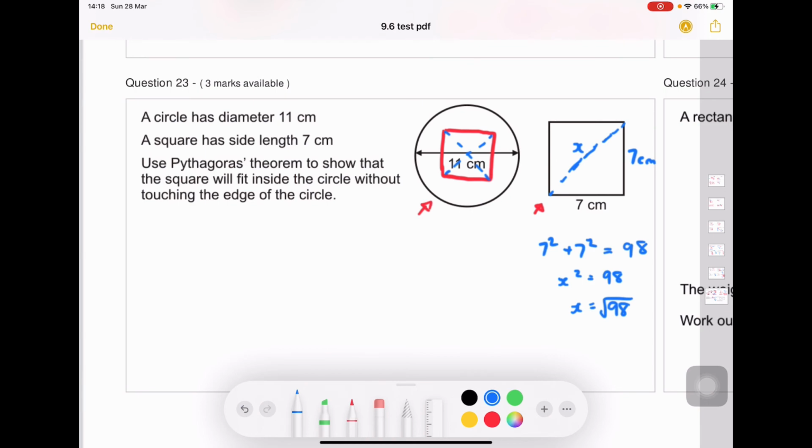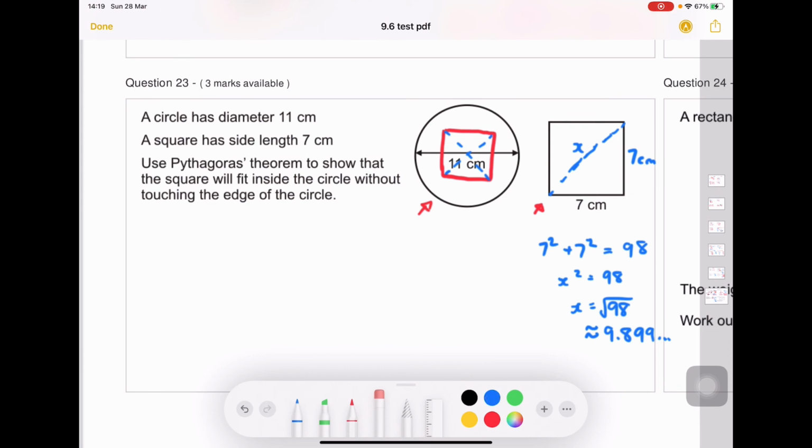Square root of 98 is 9.899, and I'll just stop there. I'll leave it to 3 decimal places. So the diagonal length, the longest length within the circle, is going to be slightly less than 10 centimeters.